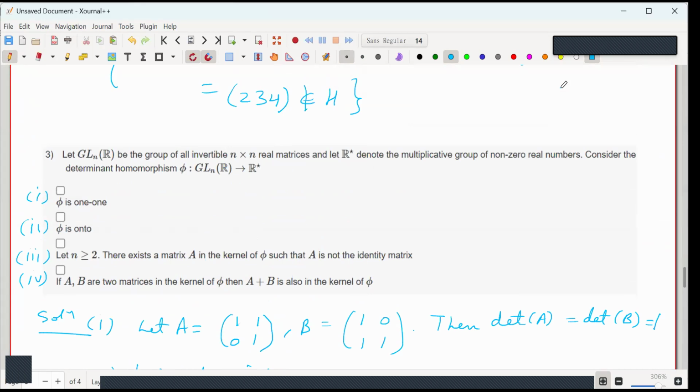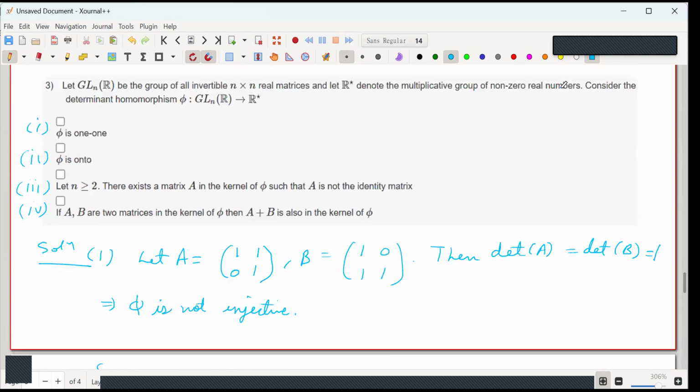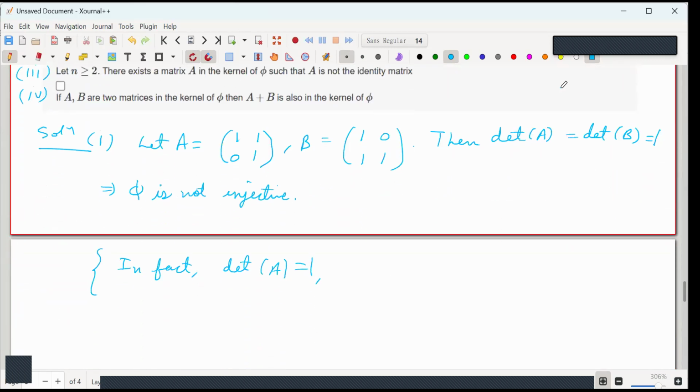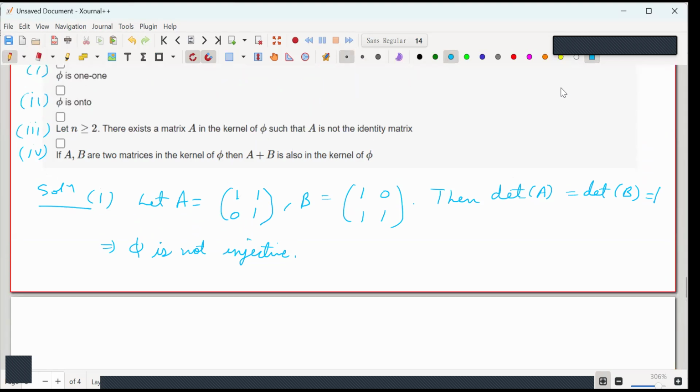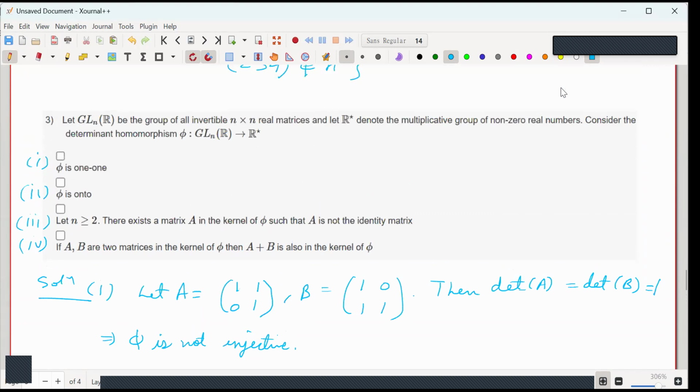Yes, sir. So the entire group is mapped to determinant 1. There are so many matrices. Okay, so that's what you have taken. So both elements are from SL2R.